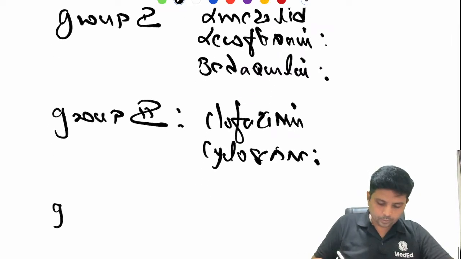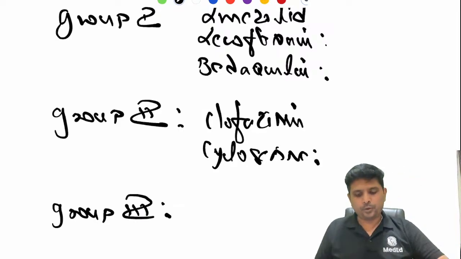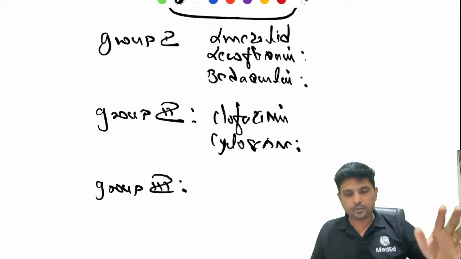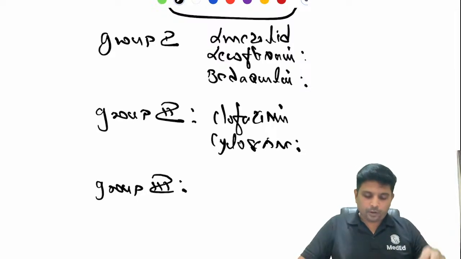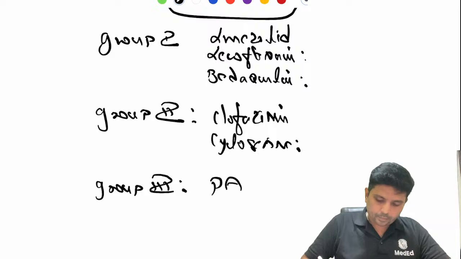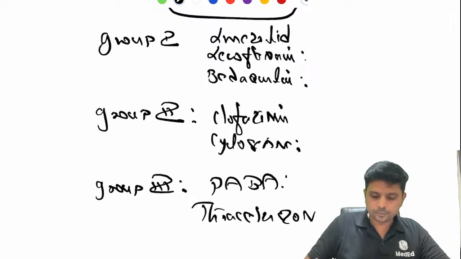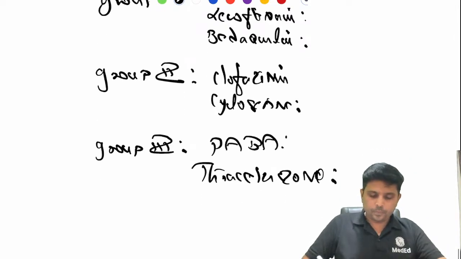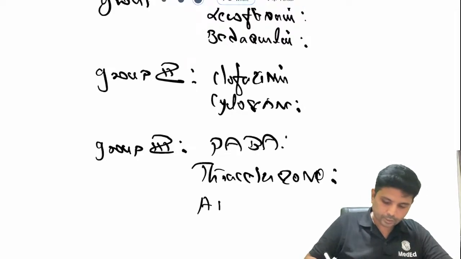And then you have group 3 drugs. What are group 3 drugs? Para-amino salicylic acid, thiacetazone, amoxiclav is not included right now.